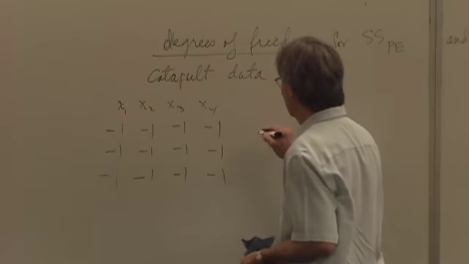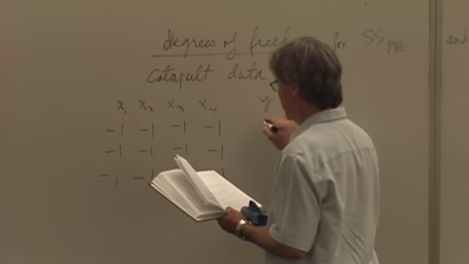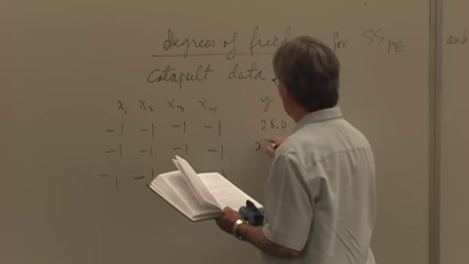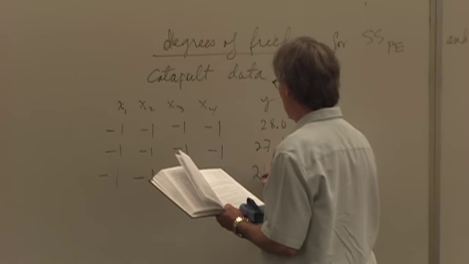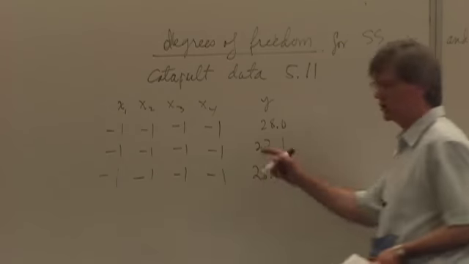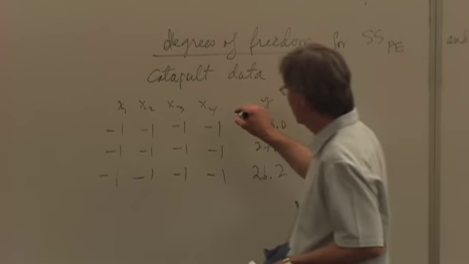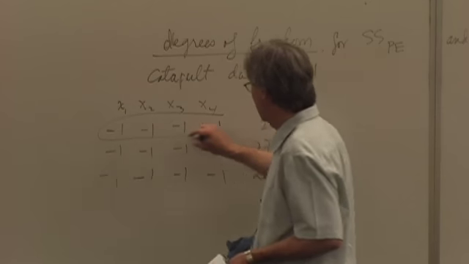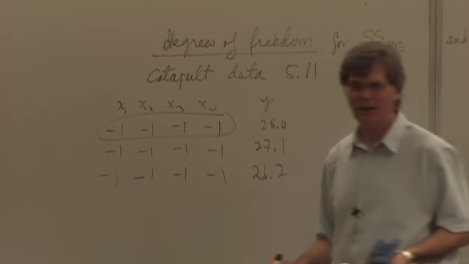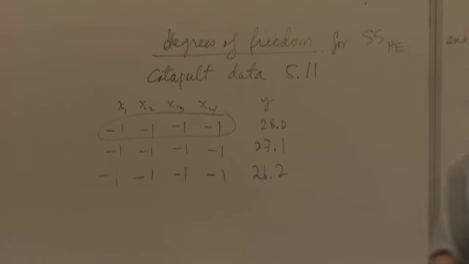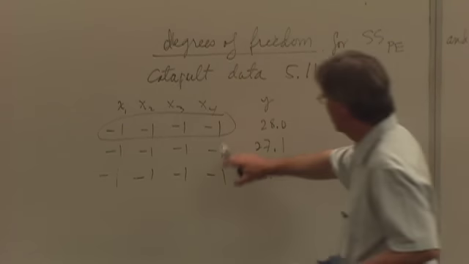It was given as y equal to 28.0, 27.1, 26.2. So there are actually 3 observations at each input. So this is a single input. All the x is the same. That happened here, it happened here, and it happened here.